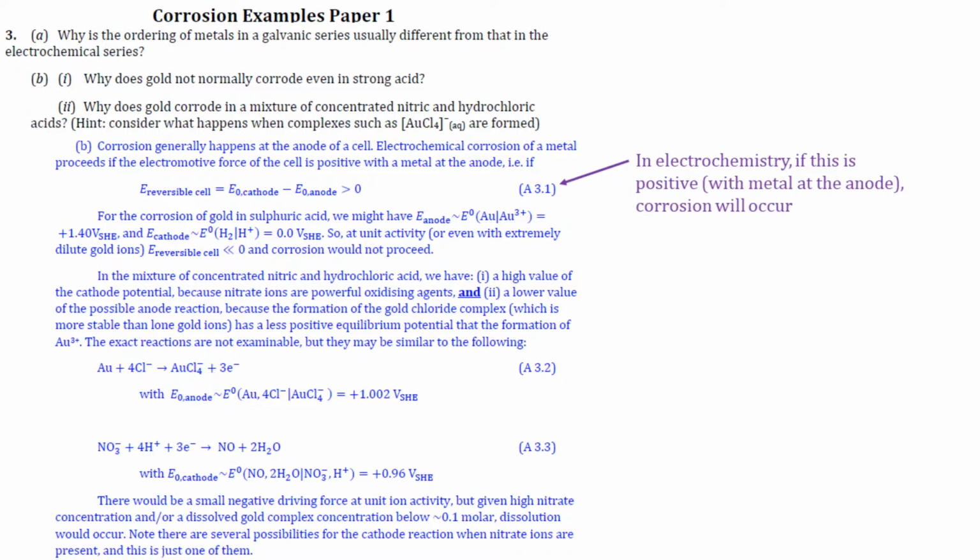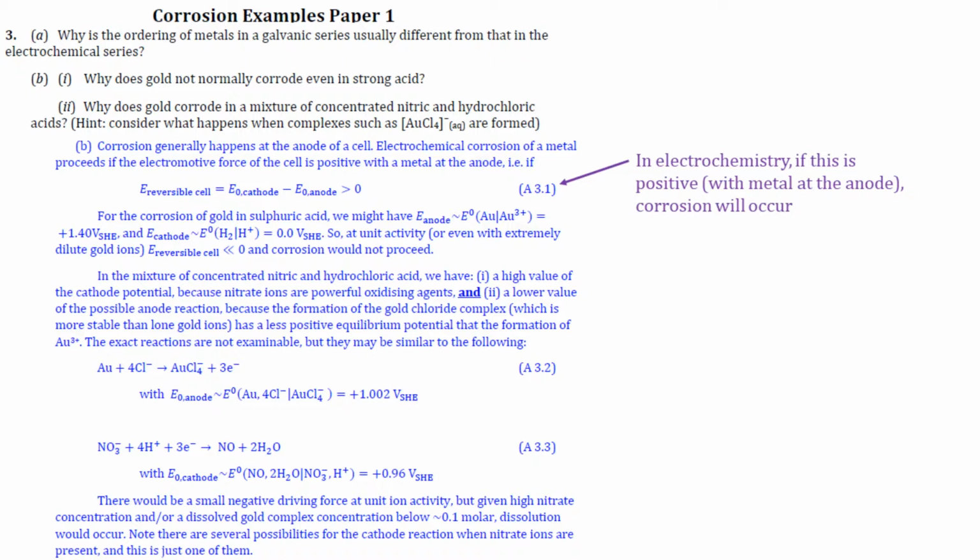There's a high value of the cathode potential because nitrate ions are good oxidizing agents, and so your cathode reaction might be something like equation A3.3, where your nitrate gains electrons and is reduced, but this means it acts as an oxidizing agent for the gold, and it exerts a cathode equilibrium potential of perhaps plus 0.96 volts SHE.